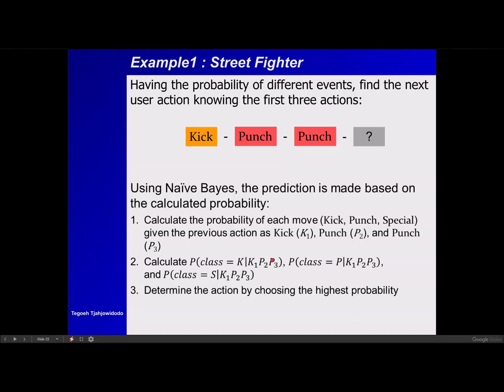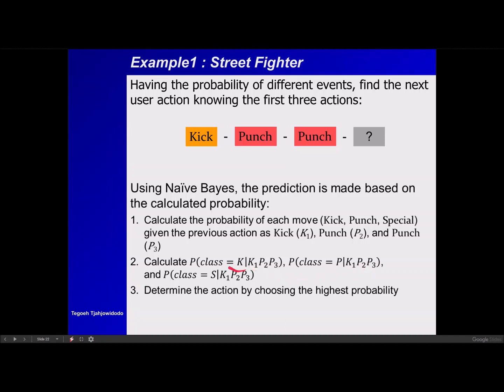We calculate it, and then we also calculate the probability of having the action of punch for the fourth action, given that the first action is kick, second action is punch, third action is punch.